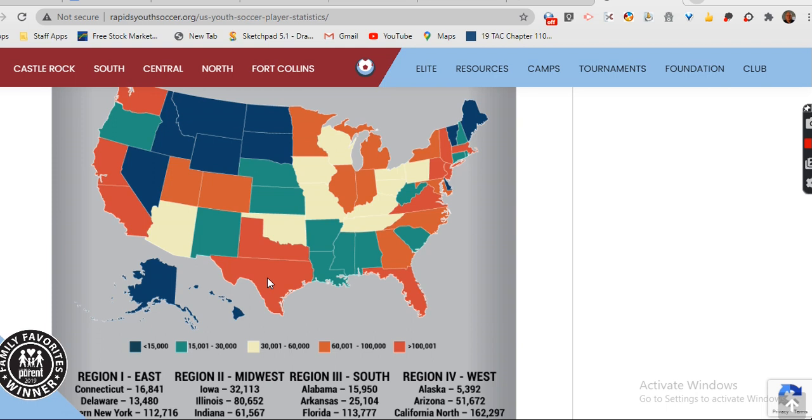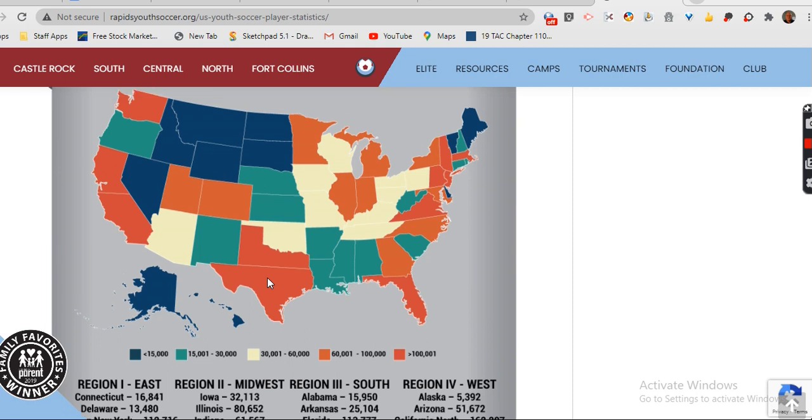What do they look like? Well, some places would even break that down into not just gender, but their backgrounds. Are they Hispanic? Are they African American? Are they Caucasian? Who are they? And so we can break that down even more. Some websites will do that. This one did not.